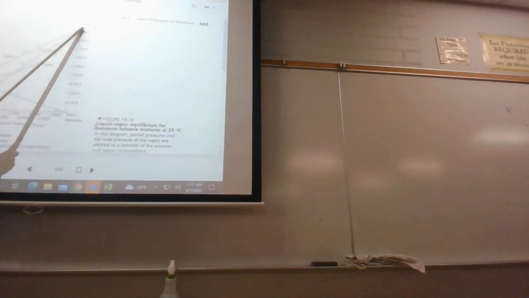If I have a mixture of two liquids, for example, a mixture of toluene and benzene, what's going to happen is the more volatile one will vaporize first. Which one would be more volatile? If we have pure toluene, this is the vapor pressure over here. If I have pure benzene, this is the vapor pressure. So pure benzene has a much higher vapor pressure than toluene.